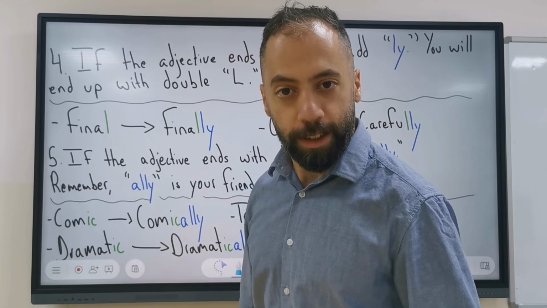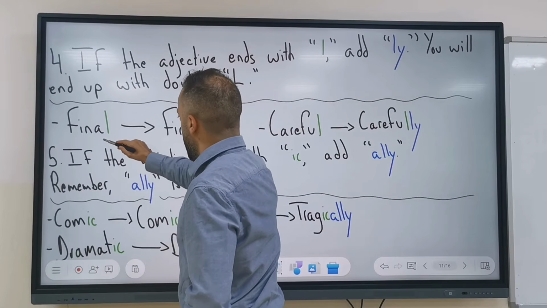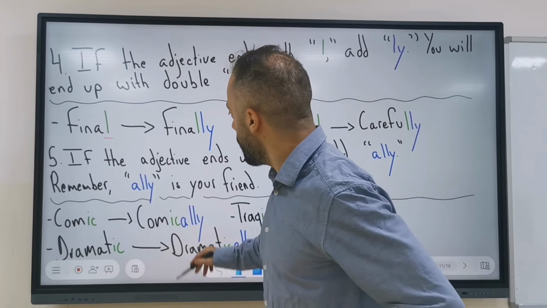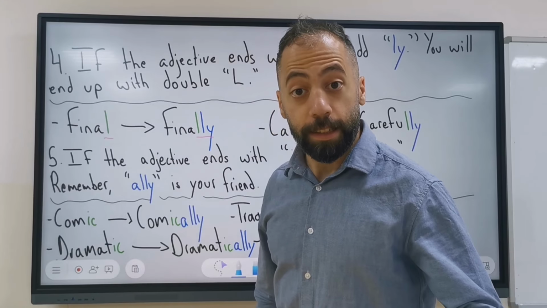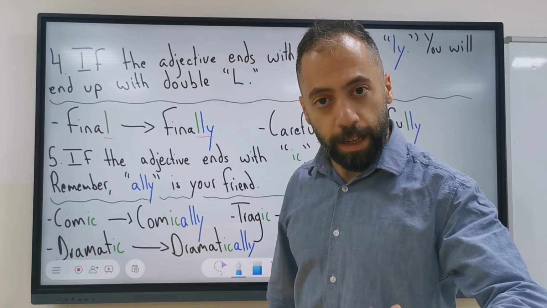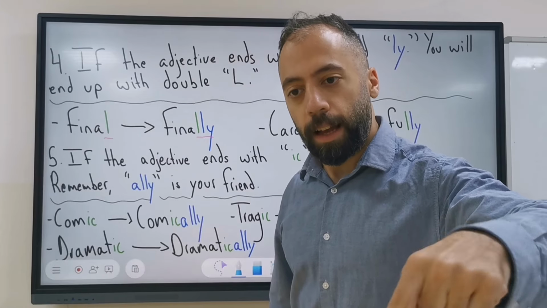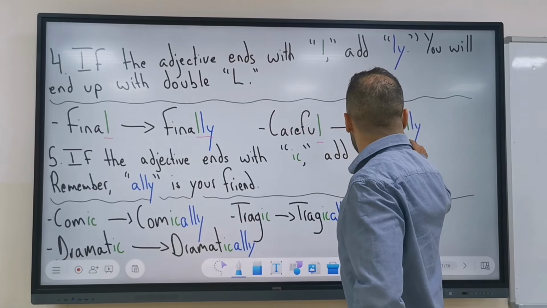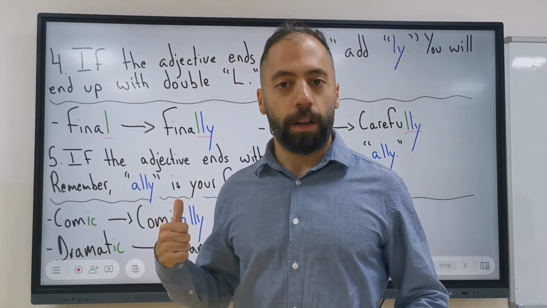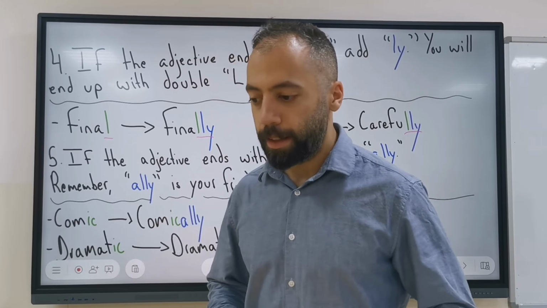So I will end up with a double L, okay guys? So for example, final ends with L, add another L and then Y. Finally. Careful ends with an L, keep the L, but add another L and also a Y. Carefully. Now, we are coming to rule number 5, which is the last rule for this lesson.